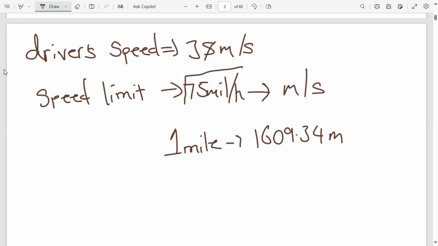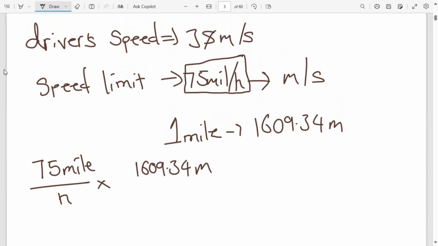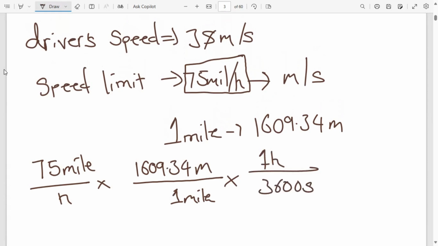Using this conversion factor, we can convert our speed limit to meters per second. So 75 miles per hour multiplied by 1609.34 meters over 1 mile, multiplied by 1 hour over 3600 seconds. The hour and the hour cancel out, and the mile and the mile cancel out.